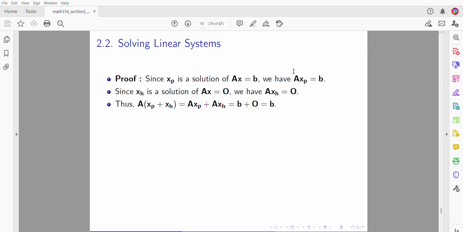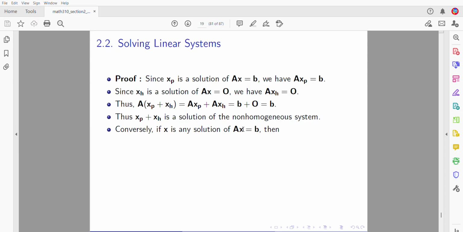A times (xp plus xh) is, by distribution, A xp plus A xh. A xp gives b at the end, and A xh gives 0 at the end. Put together, they solve b again. That is, particular plus homogeneous solves the system with b at the end. That's the claim: it's a solution of the non-homogeneous system.